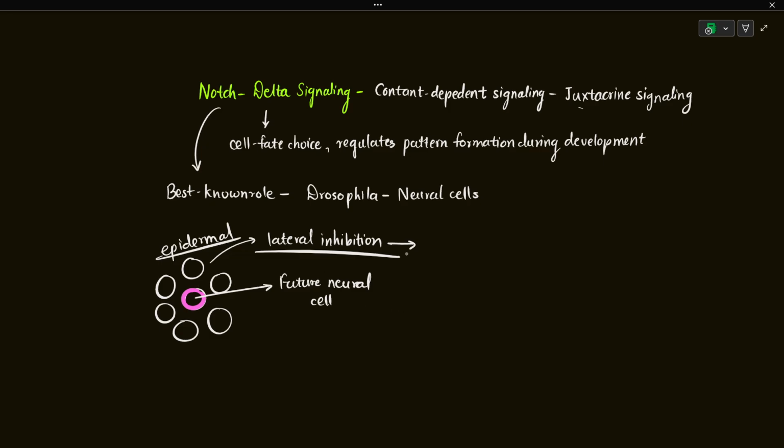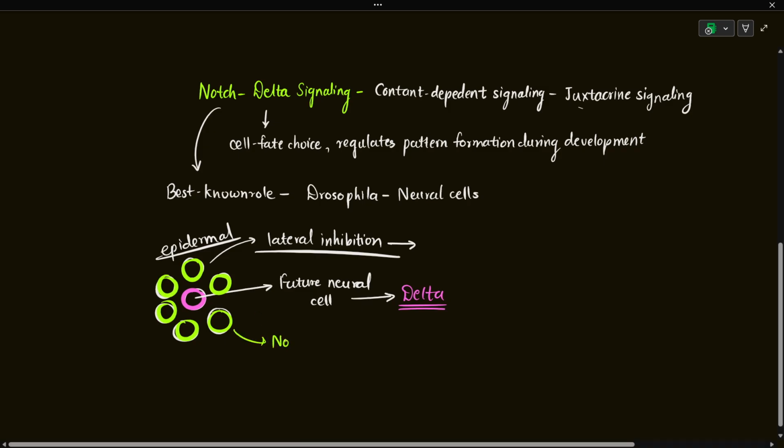This lateral inhibition is possible due to this neural cell, which expresses a protein known as Delta. Delta is a single pass transmembrane protein, a cell surface receptor. It is expressed by this future neural cell, and due to the expression of Delta, the other cells surrounding this Delta expressing cell are all going to start expressing the Notch receptor.